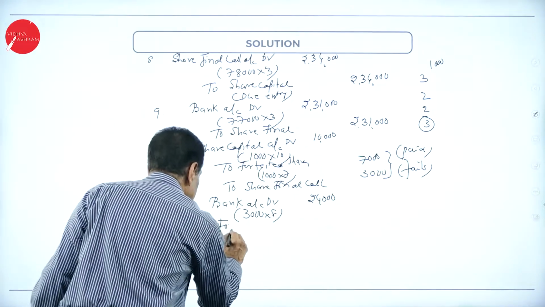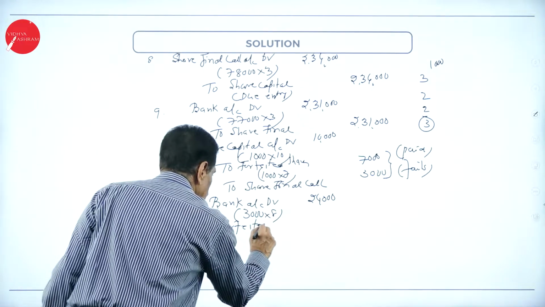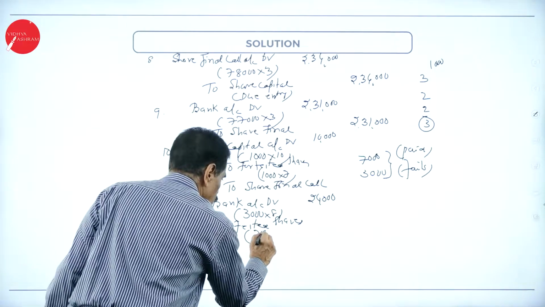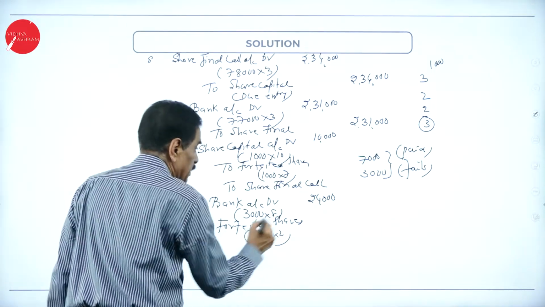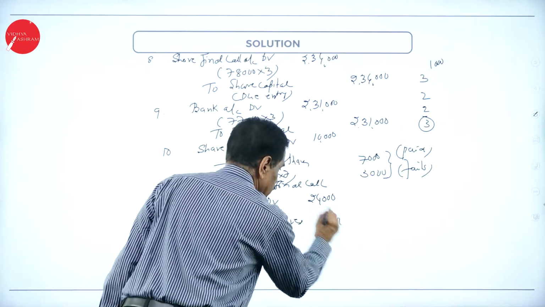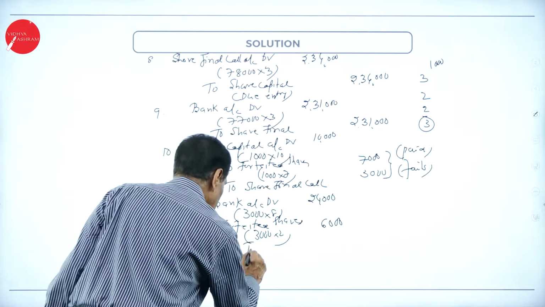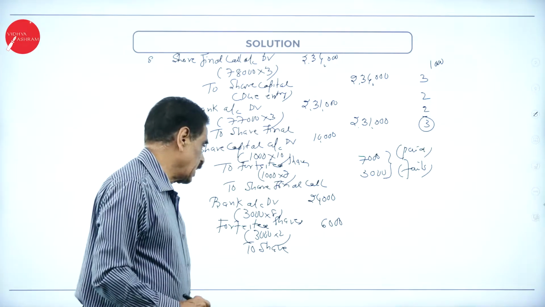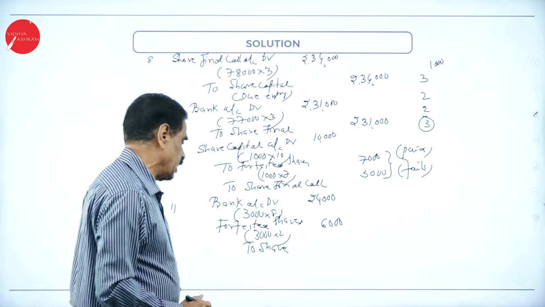Forfeited shares, 3,000 into 2, 6,000, to share capital, bank account debtor, forfeited shares account debtor.